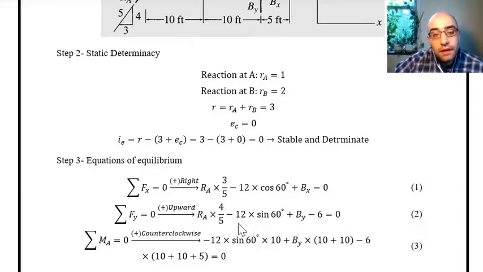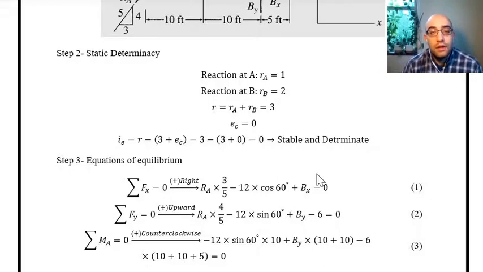So again, I have two unknowns in this equation. And if I look at the first equation, you can see in both of these two equations, summation of forces in x and y equal to 0, we have three unknowns, RA, Bx, and By.